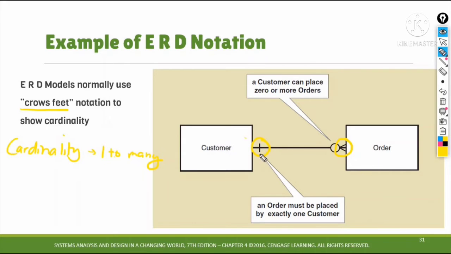So this symbol here, a bar right here, represents only one. And the symbol here represents 0 or more orders. So the crow's feet symbol here represents many.